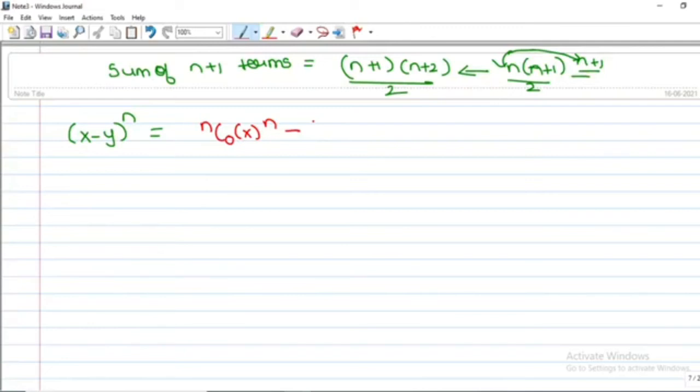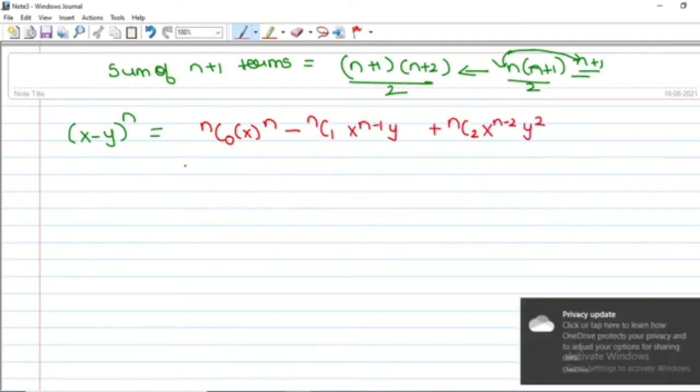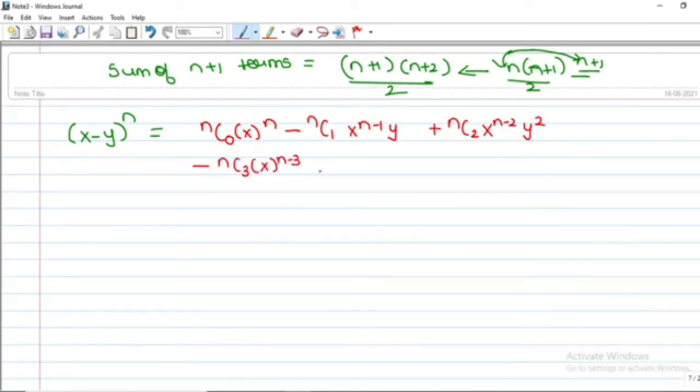When it is even, it will be positive, then negative, then positive, then again negative, and so on.